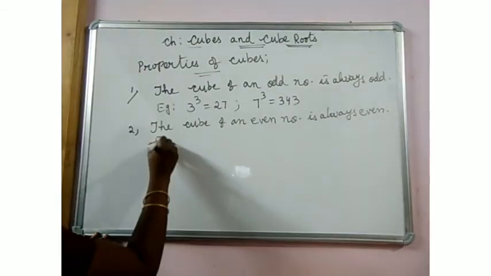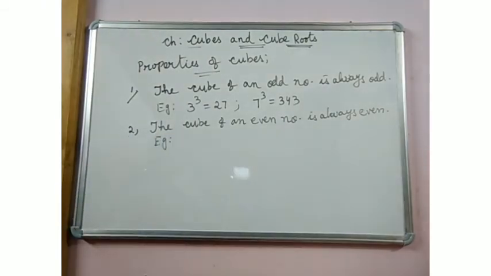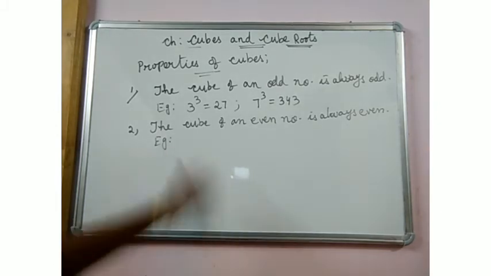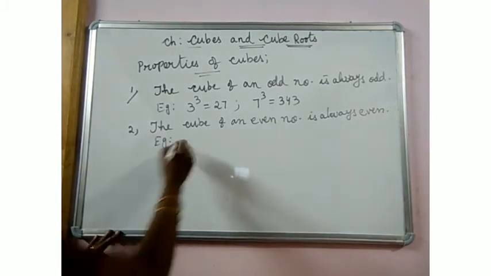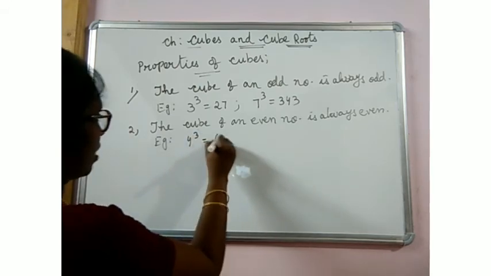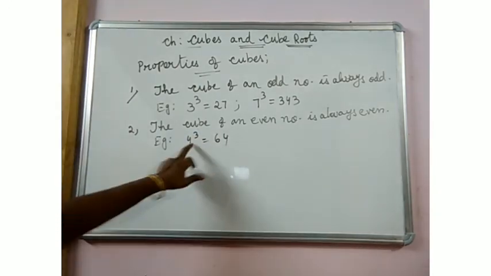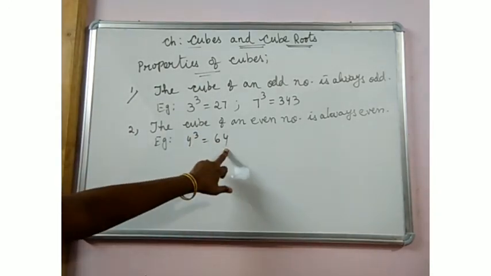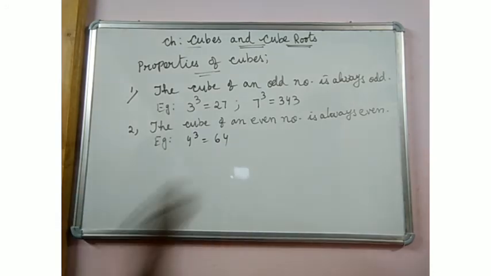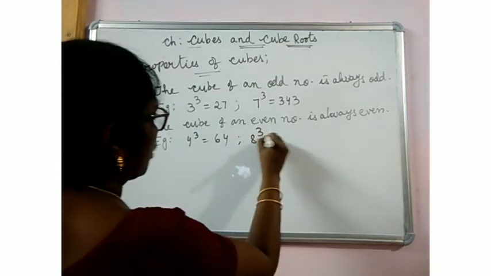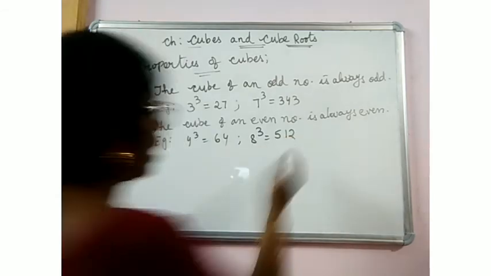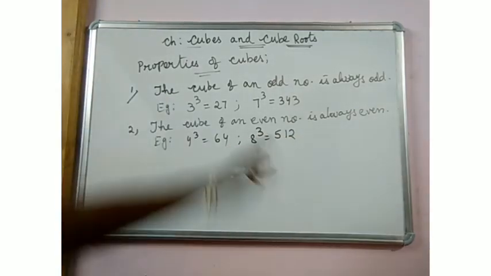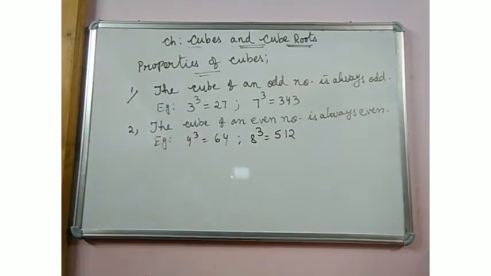Already you have observed there when I showed the cubes of numbers. But let me give you a few examples. 4 cube is 64. 4 is an even number, 4 cube 64 is also an even number. 8 cube is 512. 8 is an even number, 512 is also an even number.